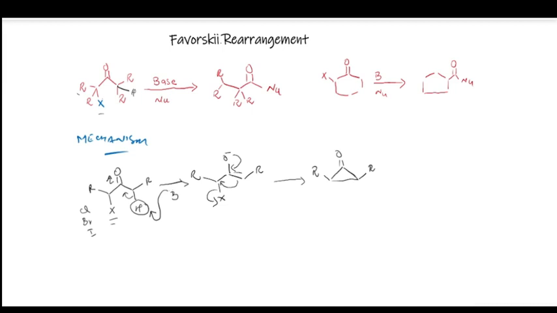Now, in the second step, an appropriate nucleophile is allowed to react with this cyclopropanone. Now, you can use different types of nucleophiles, for example, water, alcohol, or even amines can be used as nucleophiles.